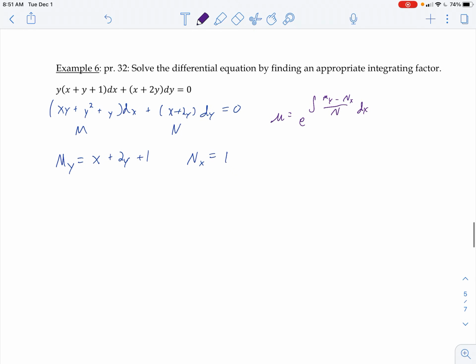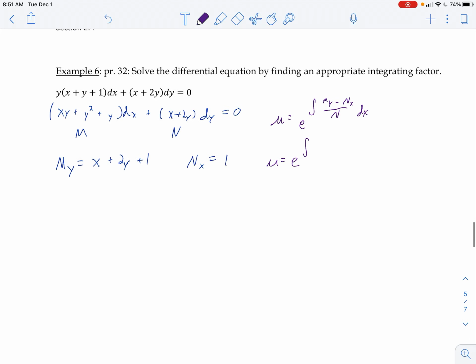Now we substitute in: M_y is x + 2y + 1, then we subtract 1, all over N, which is x + 2y, dx.